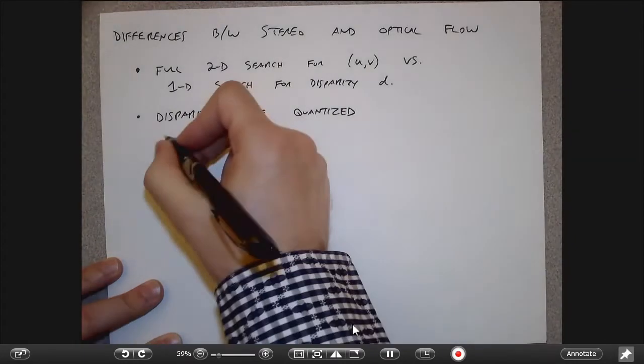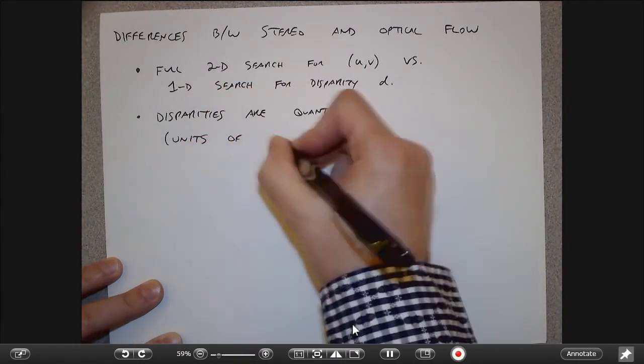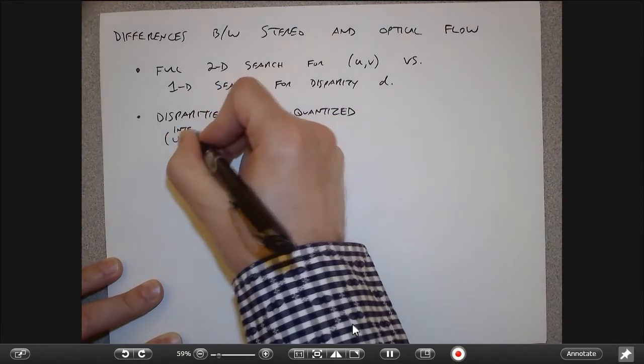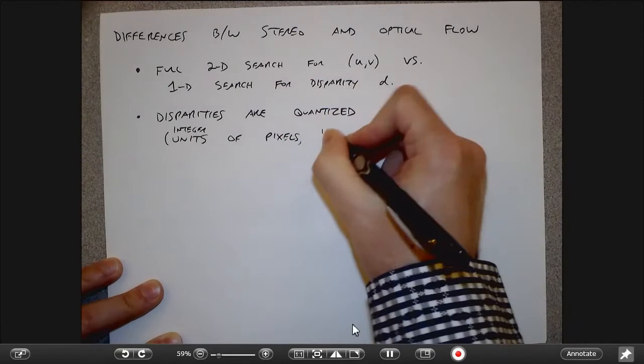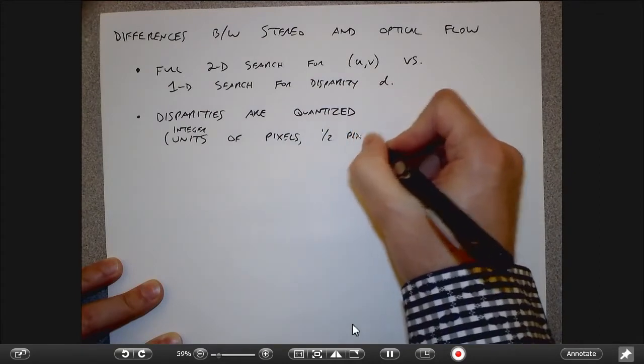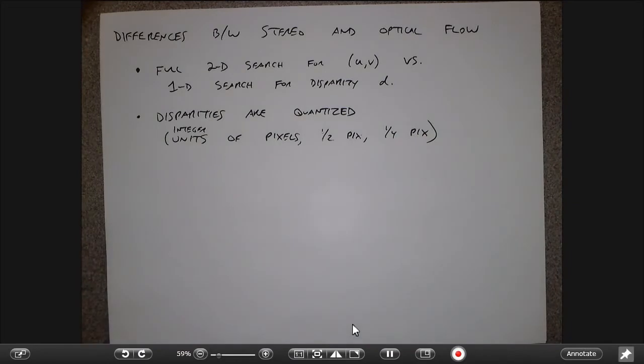What I mean by that is that usually we measure disparities in integer units of pixels, or if we really wanted to, we could do half pixels or quarter pixels. Right? But the point is that we're not going to measure the disparity as being 3.892 pixels.